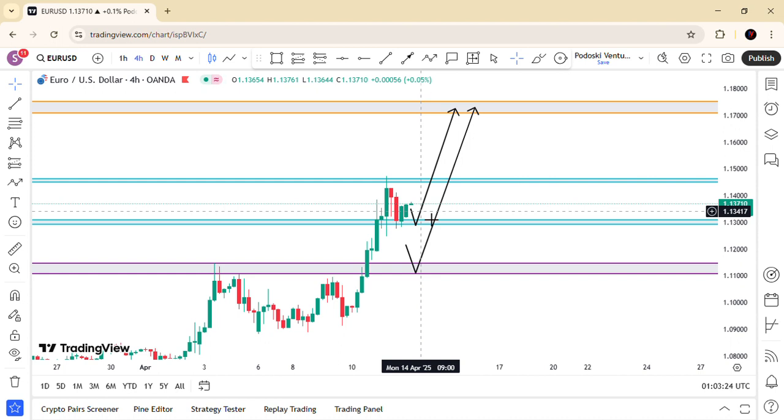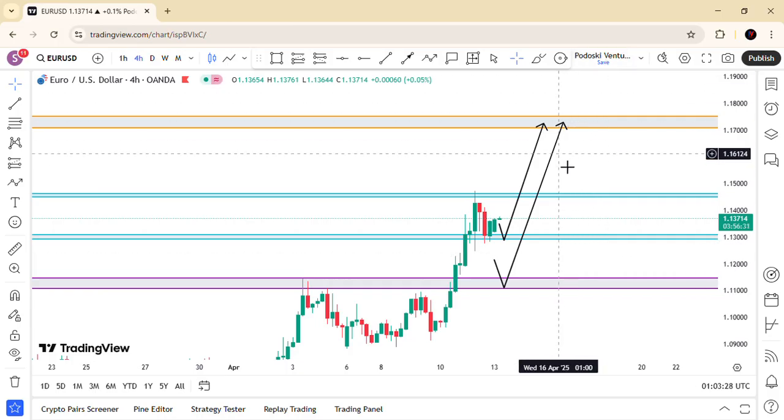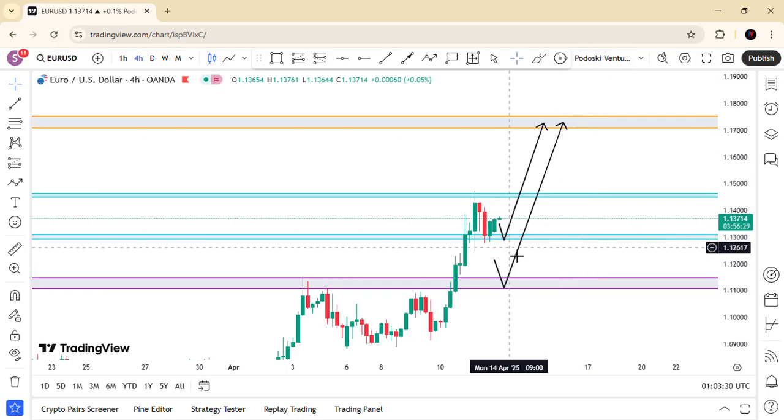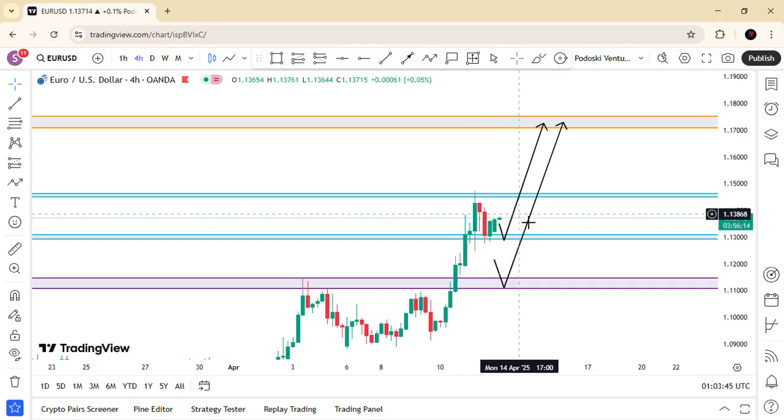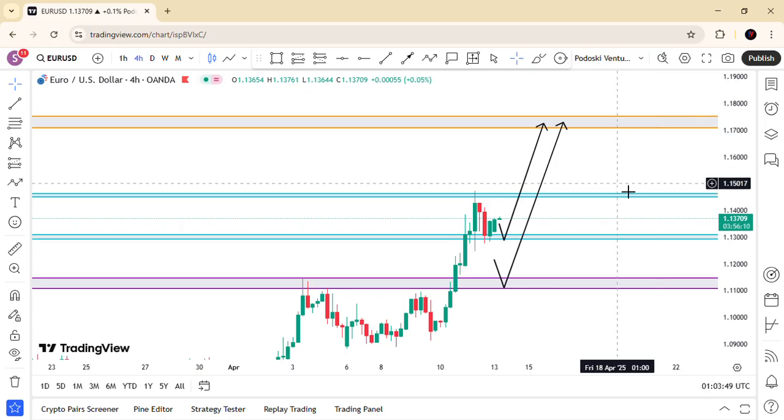But if you are a risk management trader, you should know that even if this trade hits your stop loss, you definitely get another setup from here and you recover. So don't worry about it too much. As long as price gives us a candle confirmation over here, we'll be buying Euro USD all the way to the upside. Yeah, so this will be the first part of the pre-market analysis.